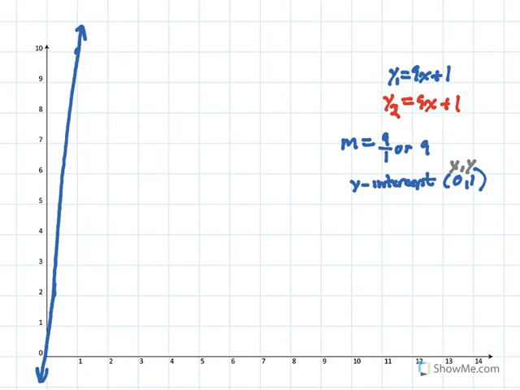And what happens is the lines are identical. So we'll write that here. So we have identical lines.